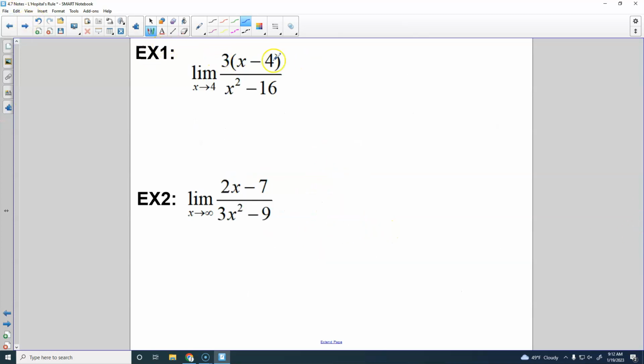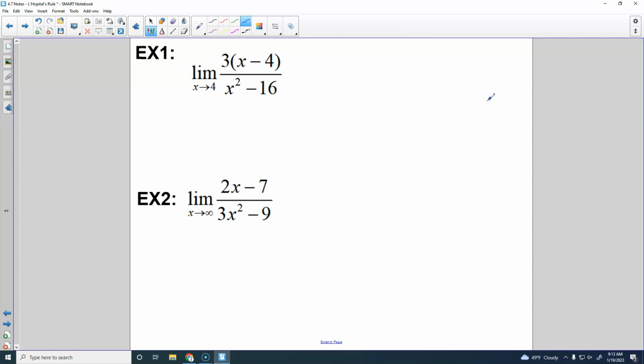So this is a problem that we can do without Lipital's rule, right? What would we need to do this problem? Just factor the bottom, right? So we can use this, but we don't have to use this on this problem. So if you are going to use Lipital's rule, I'm going to do all of these problems like they're free response questions.